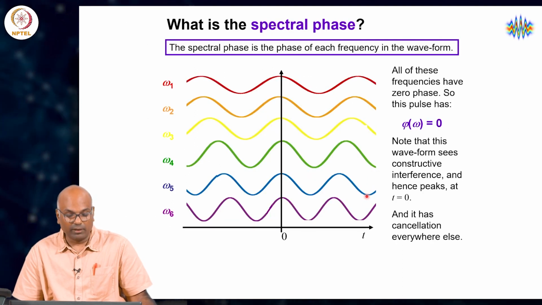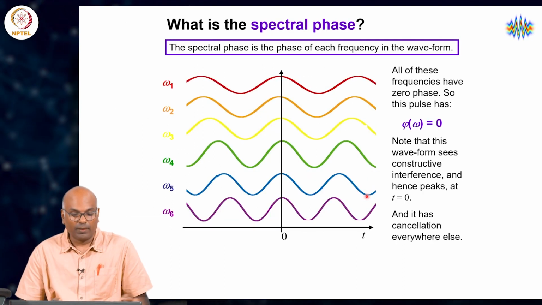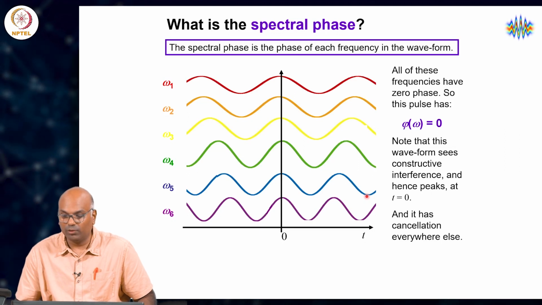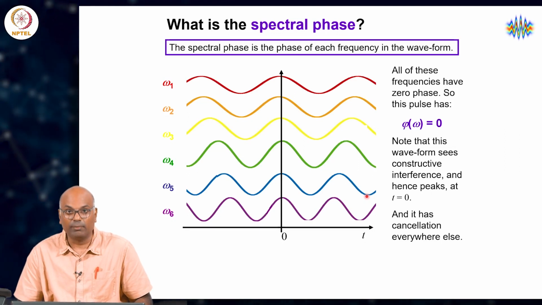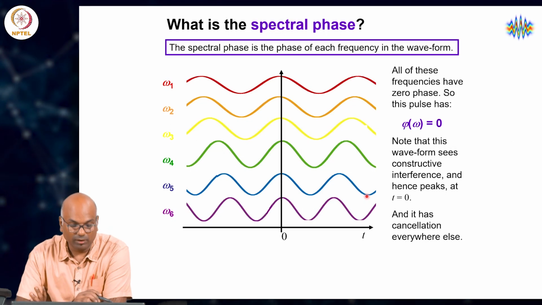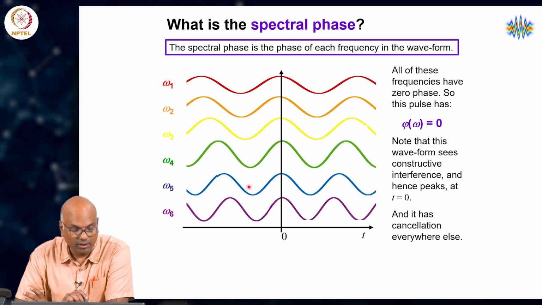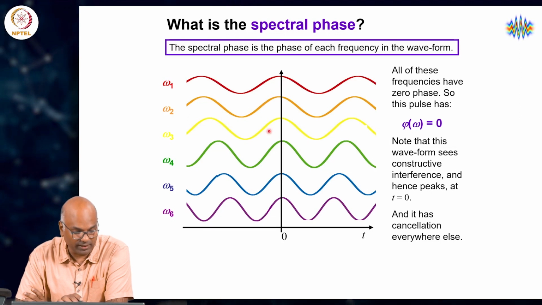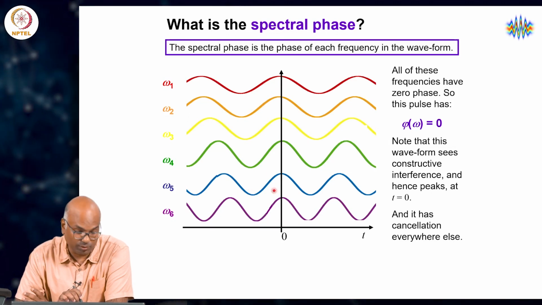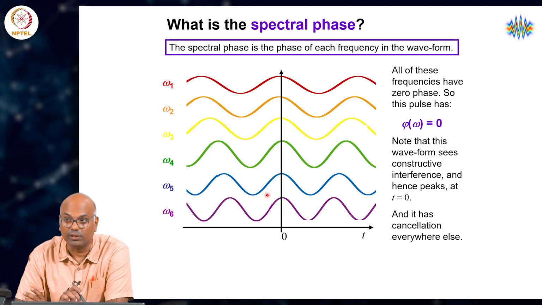And let us remind ourselves that you can adopt the view that the spectral domain is the mother of the time domain, in the sense that a coherent addition of these constituent frequencies, which in this case are 6 discrete frequencies, could be a set of continuous frequencies as well.